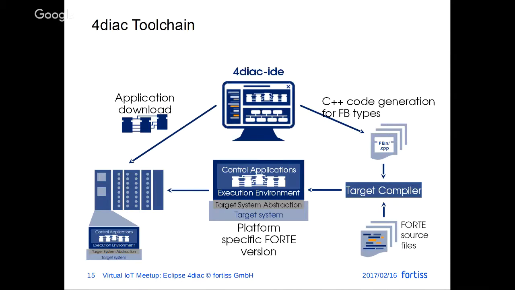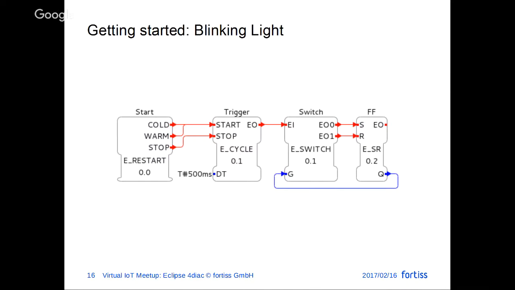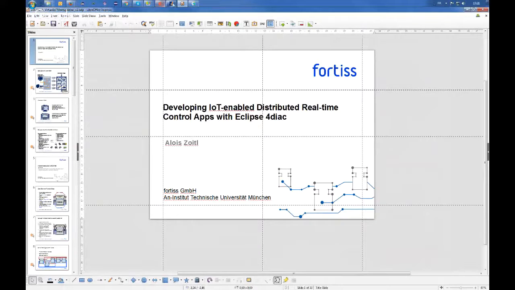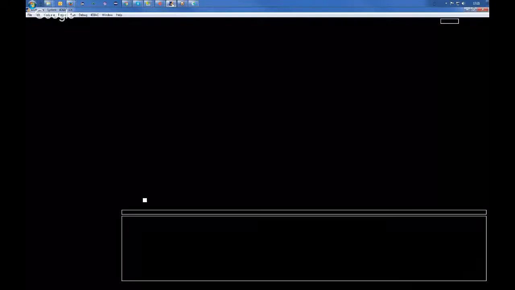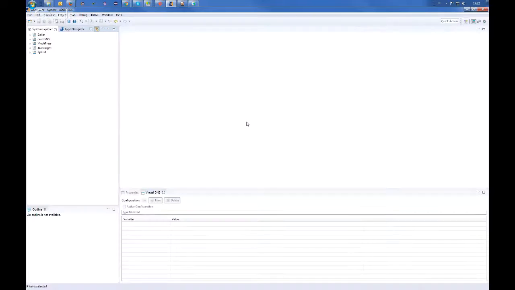Okay, the next step now would be that I start with a very simple example, which is a blinking light. And for that, I switch to the 4diac IDE. So this is how the 4diac IDE looks when you start it up the first time.